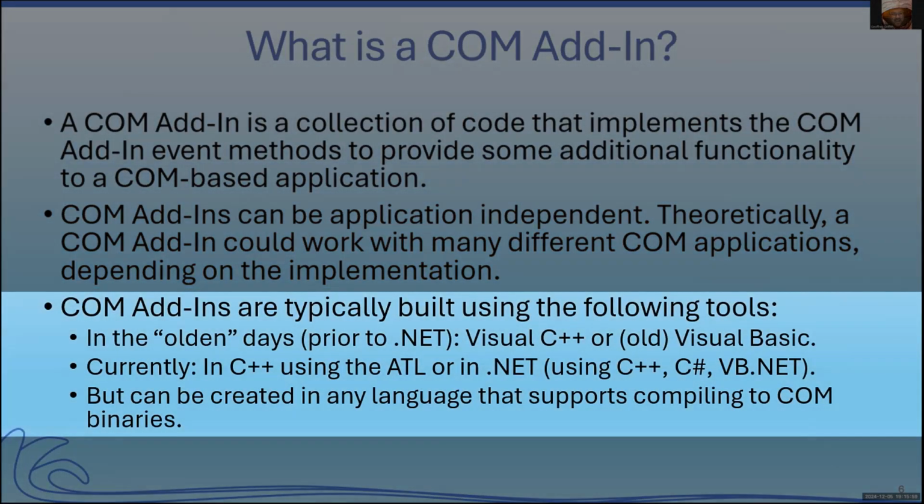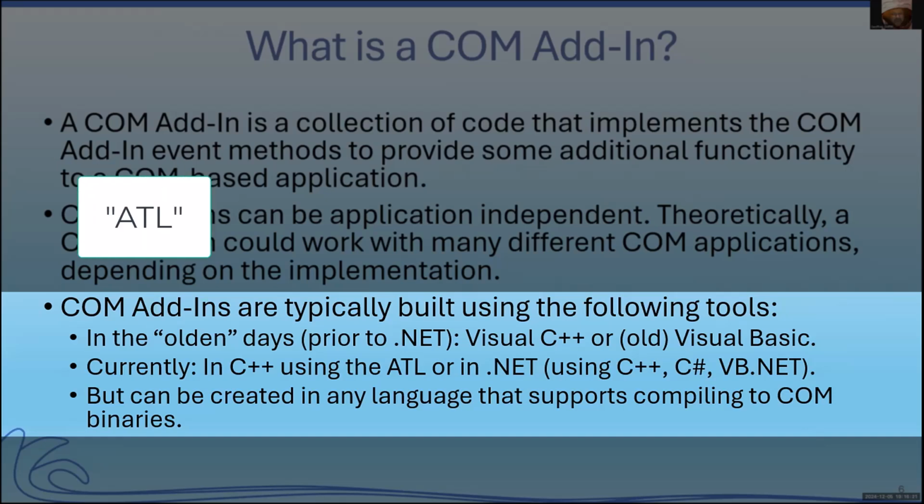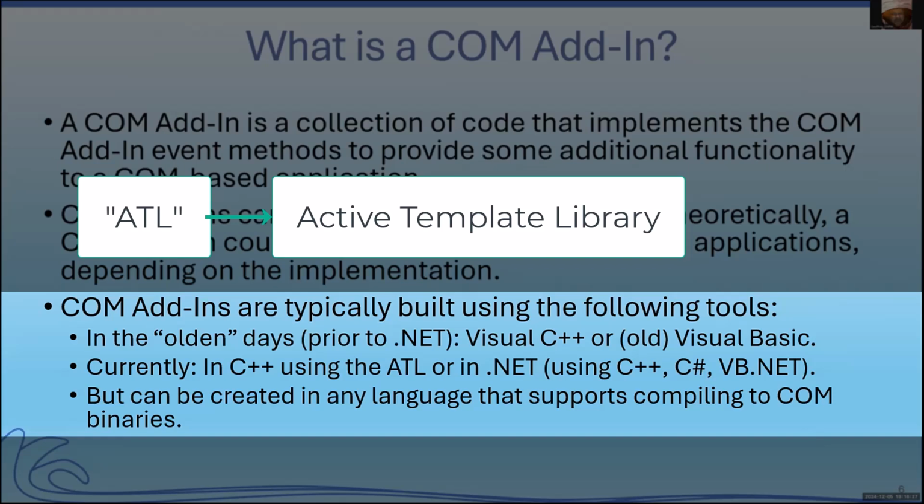In the olden days, COM add-ins were typically built in Visual C++ or old Visual Basic prior to .NET. And currently, if you want to build a COM add-in, there are really two ways to do it in the Microsoft world right now. One is using C++ with the ATL to build a pure COM add-in, which is compiled to COM code. The other method is using .NET to implement the COM methods.